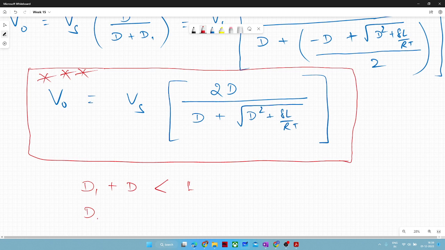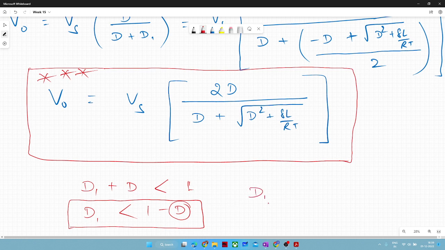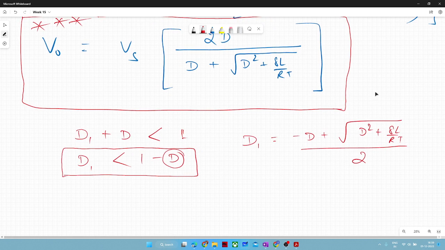It means D1 will always be less than 1 minus D. So if you are given the duty ratio, and you know the expression of D1, which is nothing but minus D plus square root of D square plus 8L by RT divided by 2, the expression of your quadratic equation, you can easily verify the circuit.